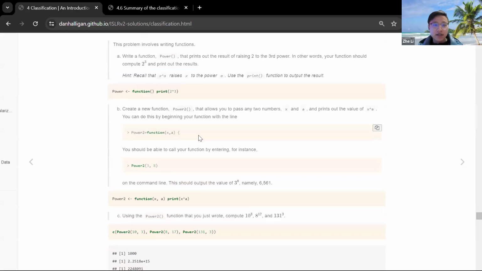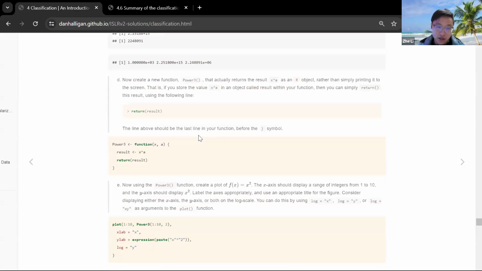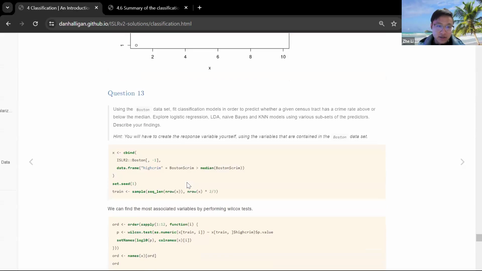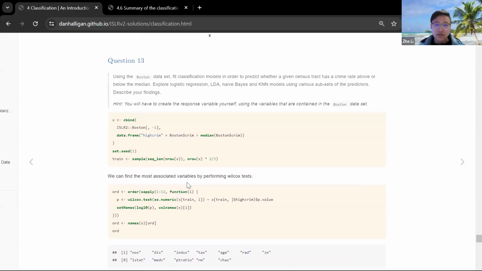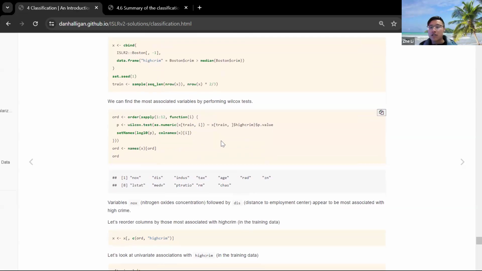And then the other questions are about functions, how to write a function in R. And the last question is a kind of self-analysis of this data set. So it's largely the same workflow.